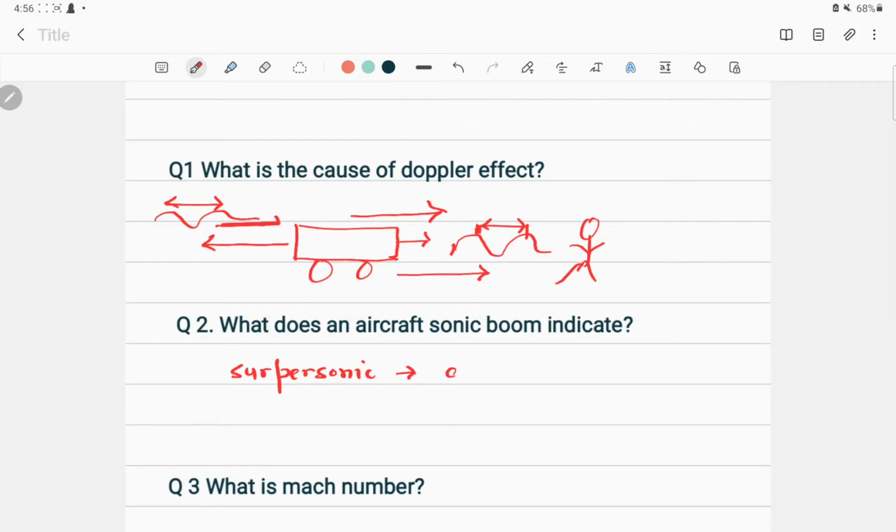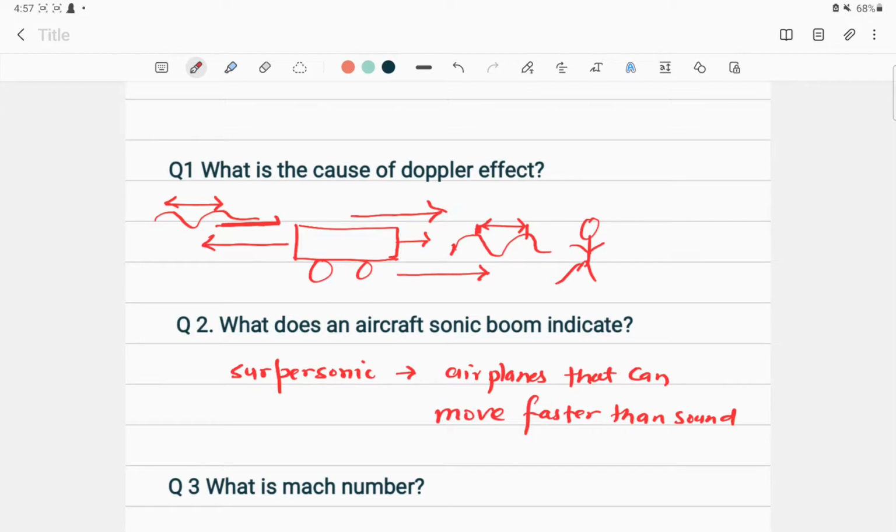These are actually aircrafts, airplanes, let's say, that can move faster than sound.